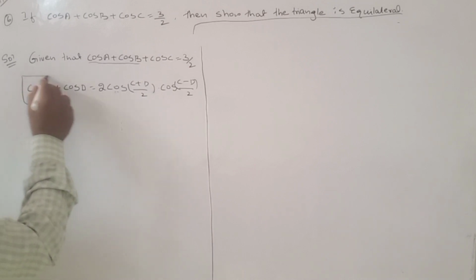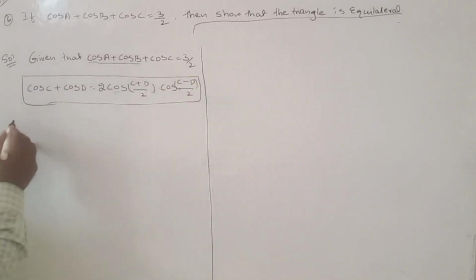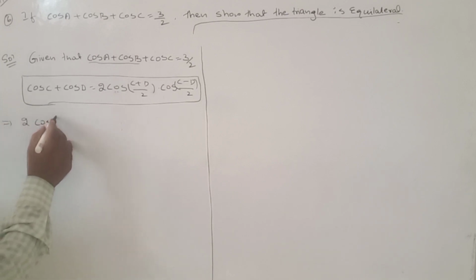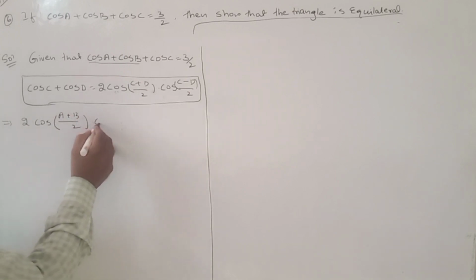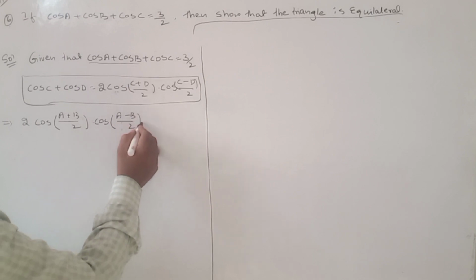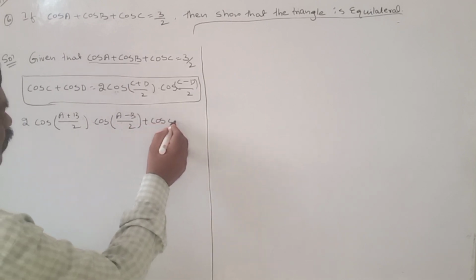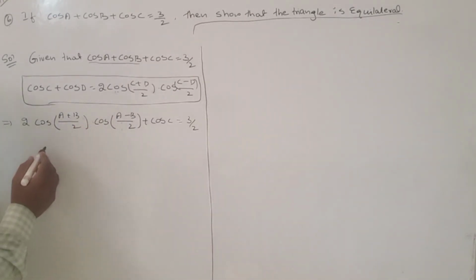This is the formula, and you have to write this as 2 into cos of (A plus B) by 2 into cos of (A minus B) by 2 plus cos C is equal to 3 by 2. Here we have cos of (A plus B) by 2.